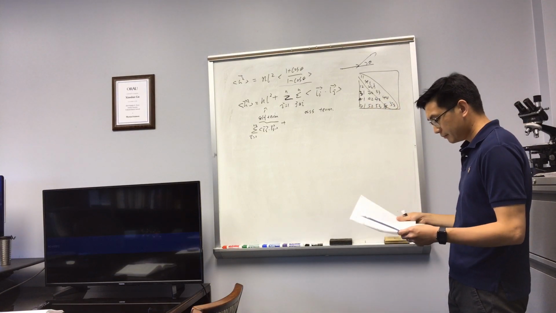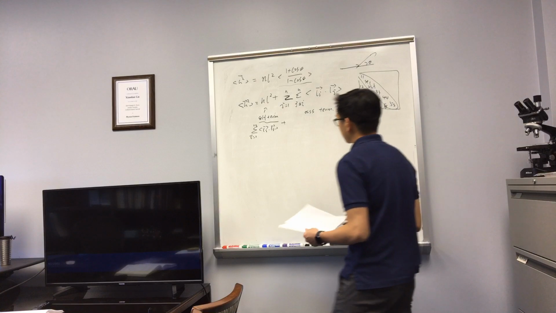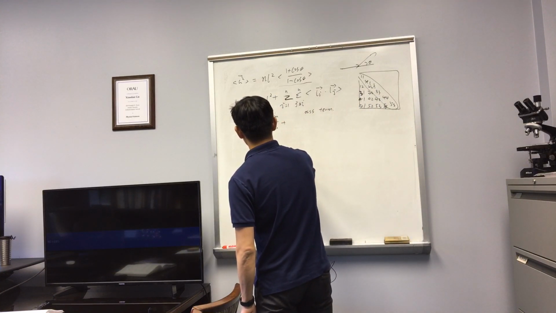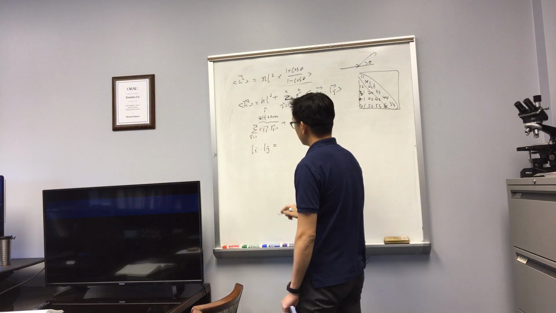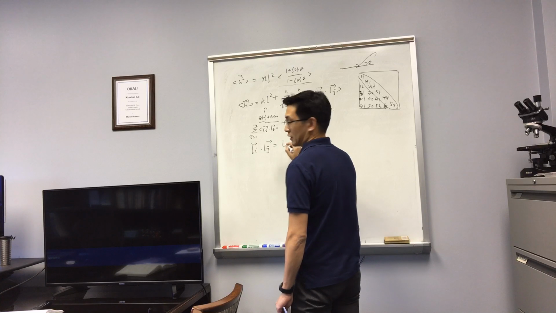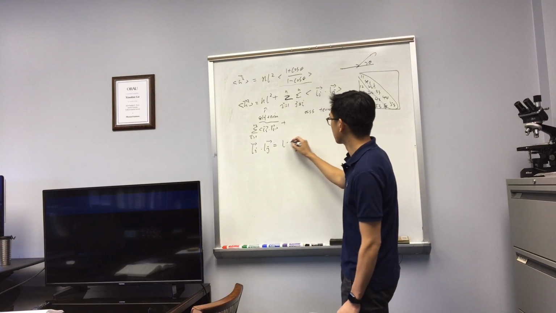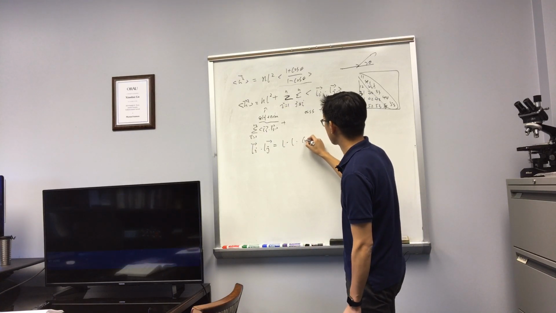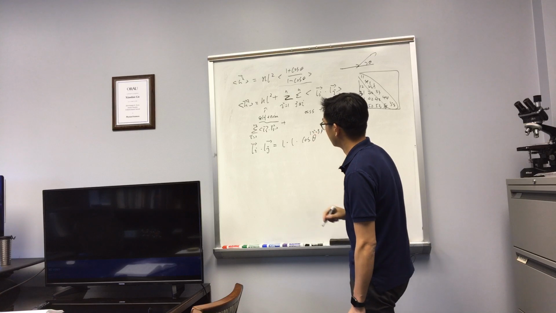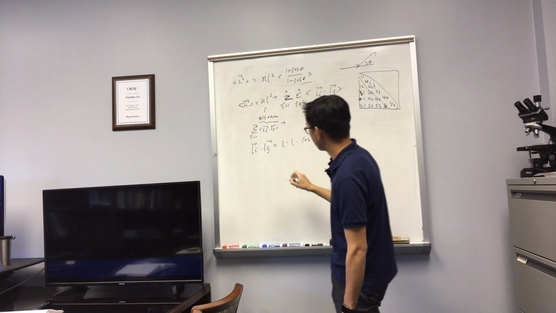So we also learned about the cross product, right? Li multiplied by Lj will be equal to the dot product, which is L, the individual bond length, multiplied by L, multiplied by cosine theta to the power of i minus j, right? So it's kind of easy to understand.